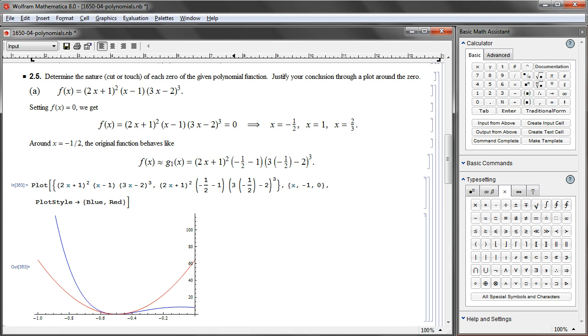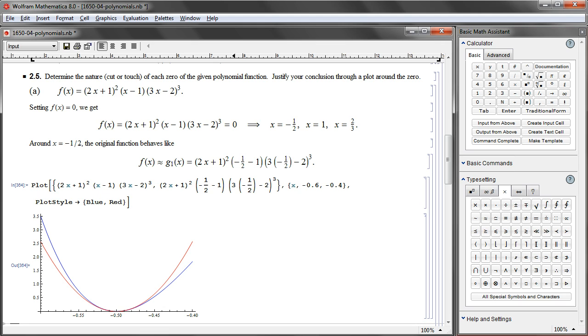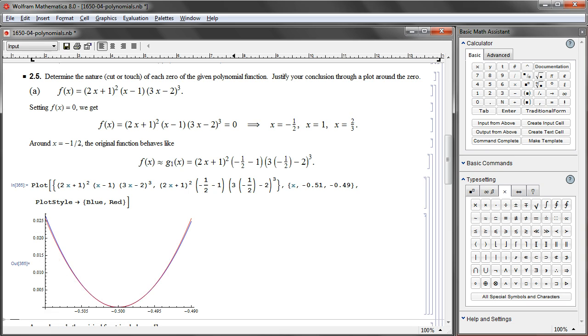Let's zoom in a little bit further. Instead of drawing this from -1 to 0, draw this from -0.6 to -0.4. And what do you see? The blue and red are behaving a lot more similarly. They're closer together. And of course, if I go even further, then they are virtually indistinguishable.